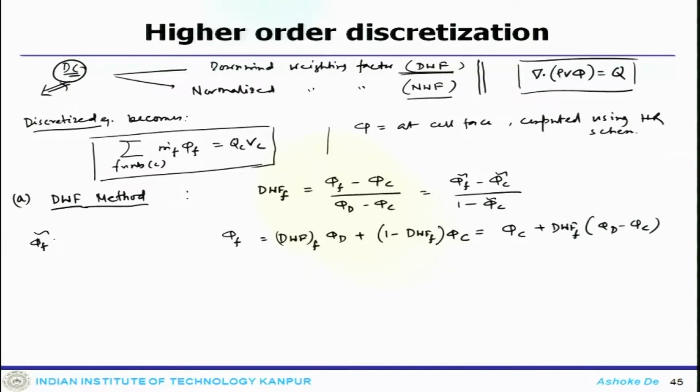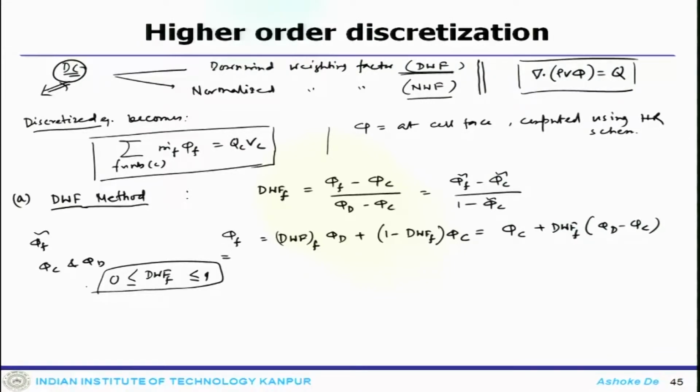If phi f is computed using the HR scheme and lies between phi c and phi d, the value of this DWF factor is always between 0 and 1. So, that is the restriction that you get.